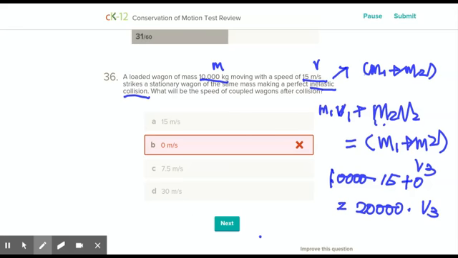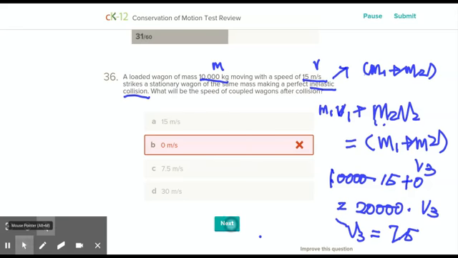All right? And then you divide, and v3 should be 7.5. Okay? Next.